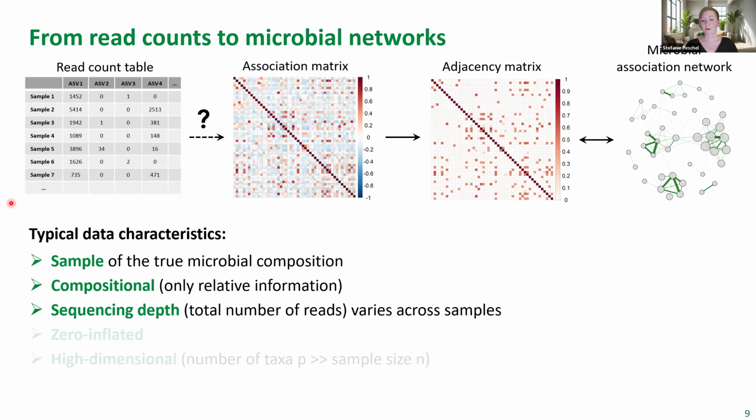The sequencing depth usually varies across the samples. The data are highly zero-inflated, meaning you see a lot of zeros in your data. Like here, for instance, there are only a few, and you usually have a few dominant taxa, like this one, for instance. And the data is usually high-dimensional, meaning the number of taxa or microbes is much larger than your observed sample size.